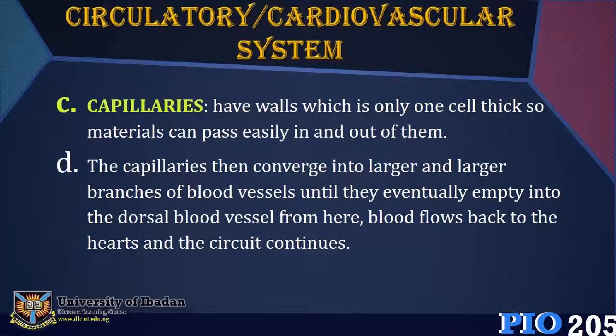As the blood in the capillaries passes by cells, food and oxygen in the blood pass through the capillary wall to the cells, while waste passes from the cells through the capillary wall to the blood. The capillaries then converge into larger and larger branches of blood vessels until they eventually empty into the dorsal blood vessel. From here, blood flows back to the heart and the circuit continues.